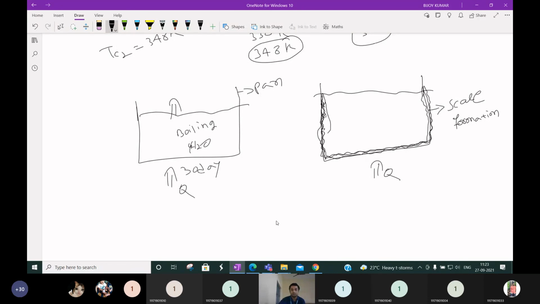The scale formation takes place. Yeah, what will happen there? The boiling will occur fast. Do you want to say that? Or the boiling will take less time? Means boiling will take more time. It will take more time to boil.